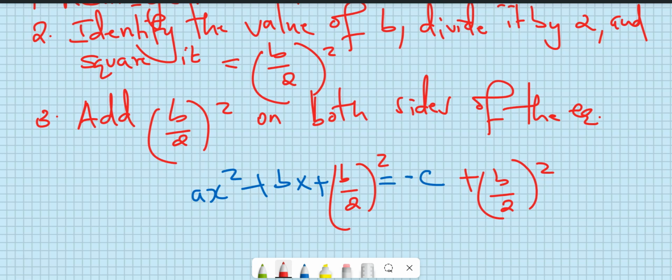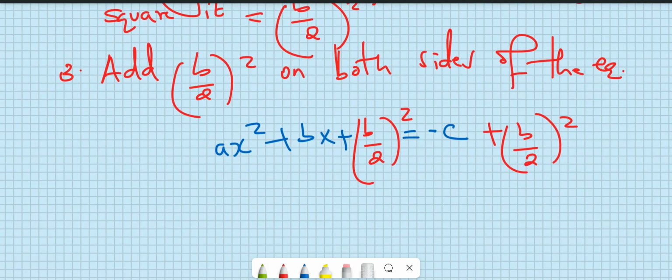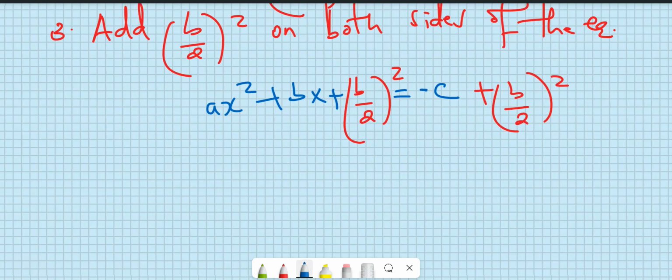That's the third step. Then the fourth step is simple.